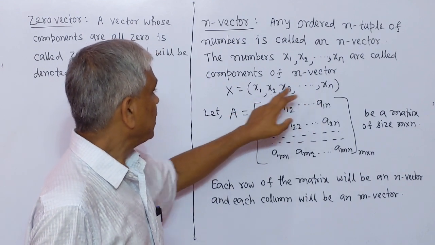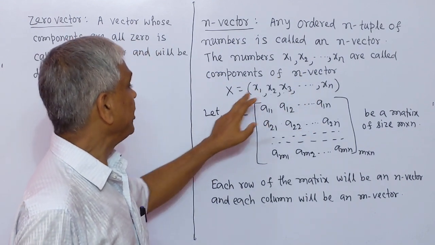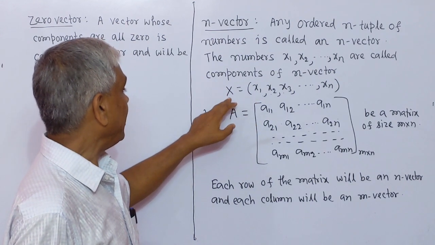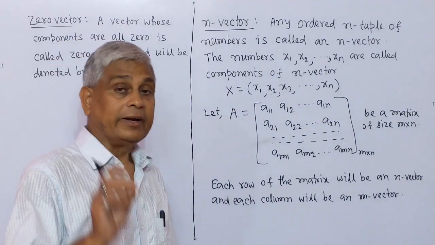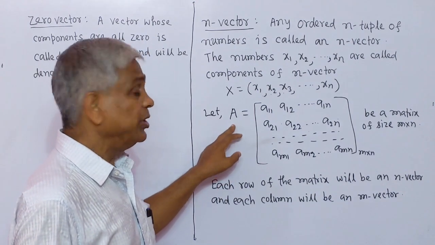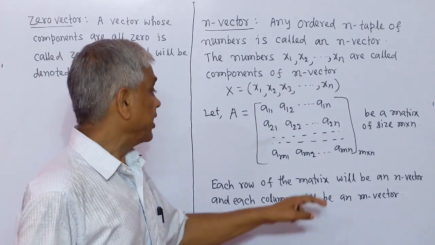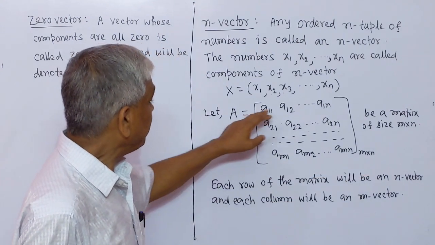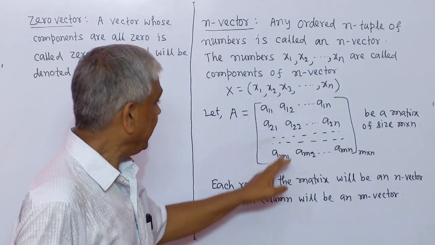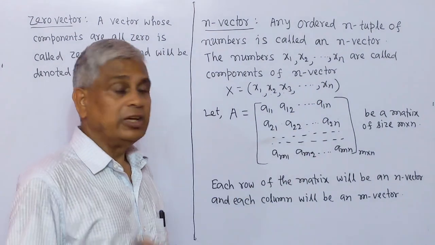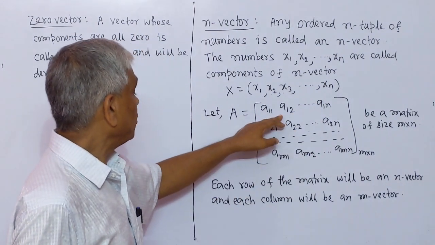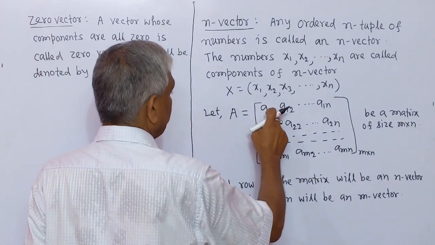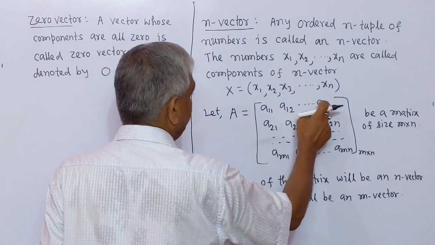These are called components of the n vector, and this vector is denoted by capital X. Let capital A be a matrix of size m by n. Here we have m number of rows and n number of columns. Each row of the matrix will be an n vector, because here we have n number of entries in a row.